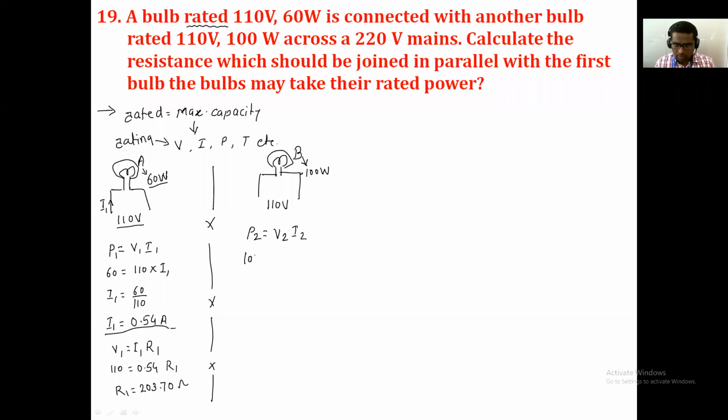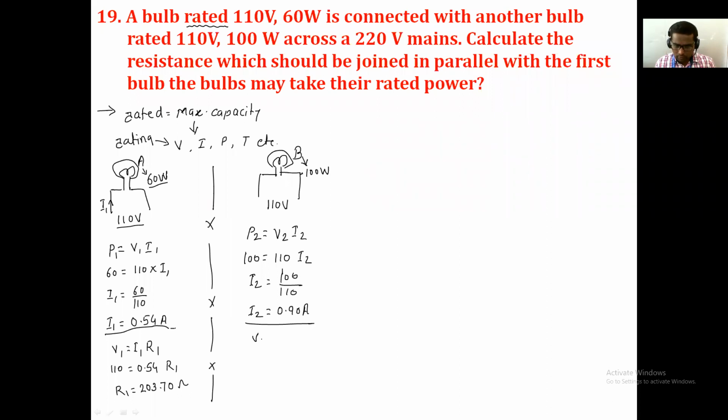Now here the power is 100, voltage rating is same, that is 110, multiplied by I2. So that I2 is equal to 100 divided by 110. So that I2 is equal to 0.90 ampere.